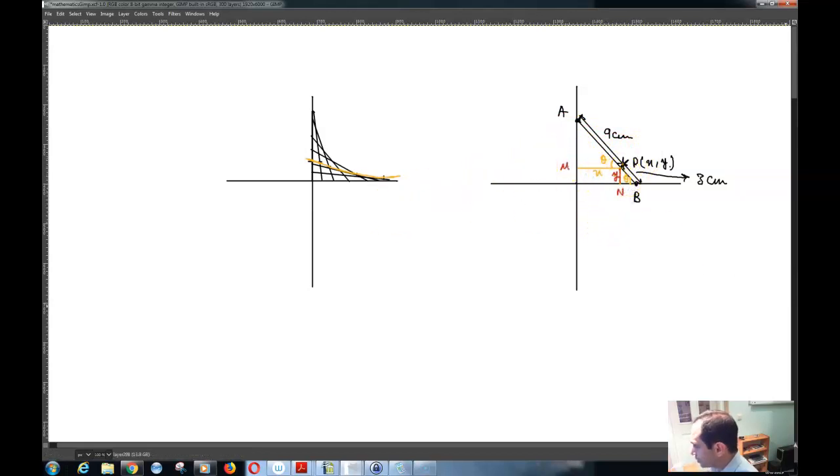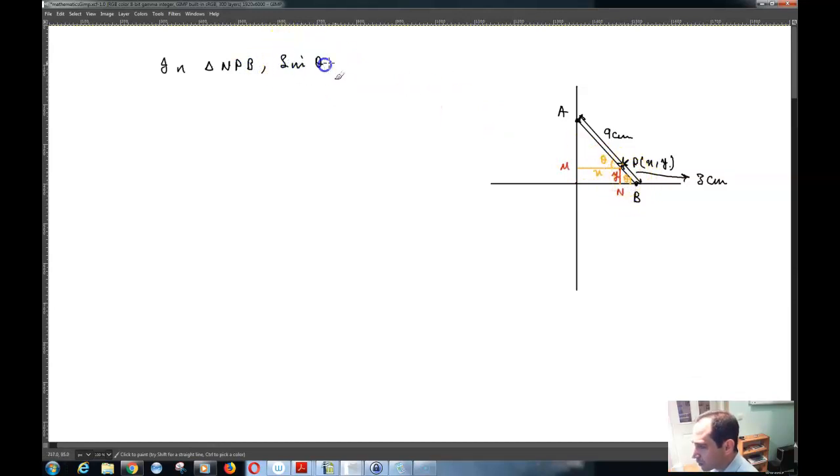So in triangle NPB, I can calculate the sine of theta. Sine of theta is equal to y divided by 3. And in triangle PAM, I can calculate the cos of theta.